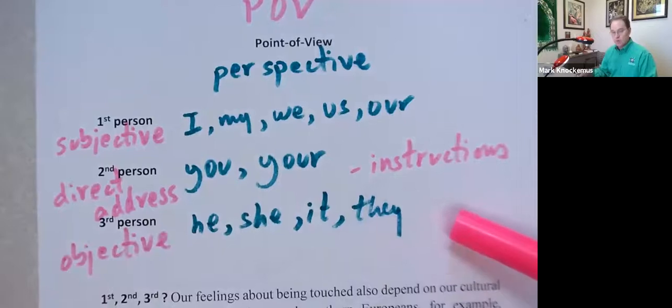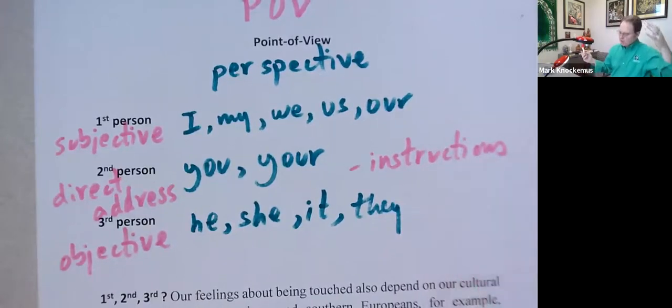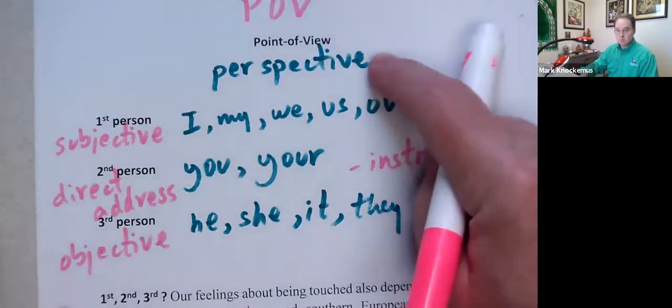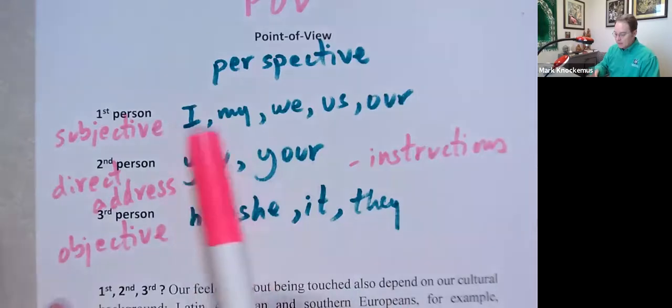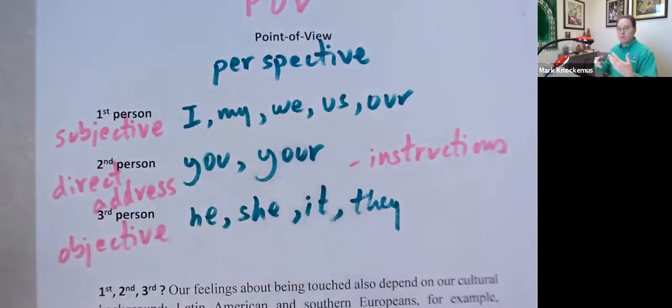Again, in the third person, the author removes him or herself from the writing. And this seems to be a little bit of a puzzle. People say, well, hey, Mr. K, how can I write about something without giving my own perspective? And it can be done quite easily just by omitting the subjective pronouns. So you don't have to filter everything through your own perspective to write about it.